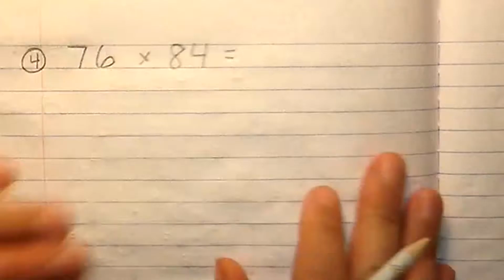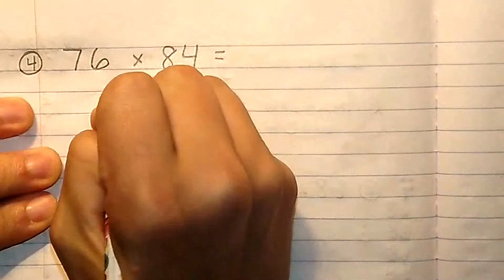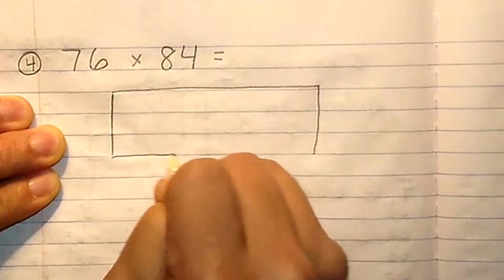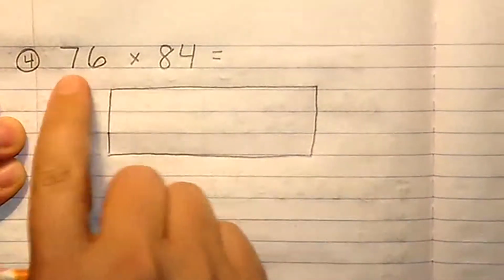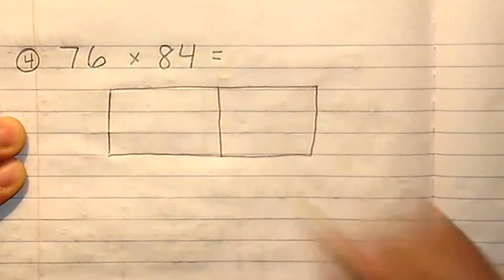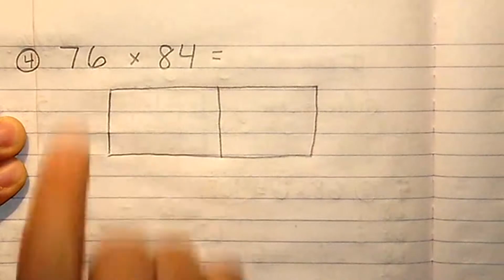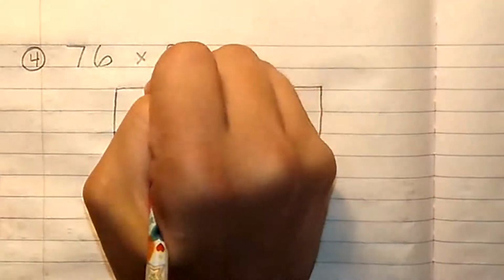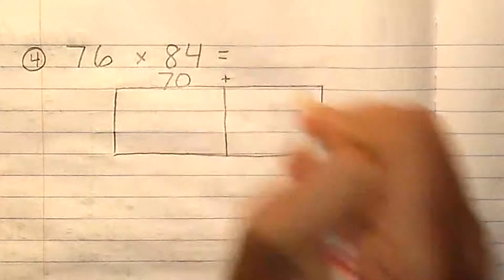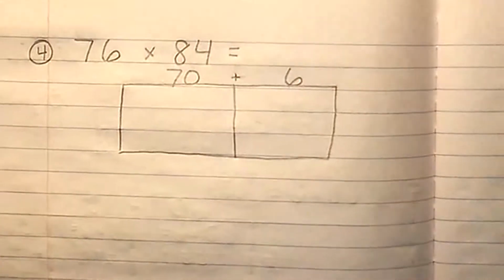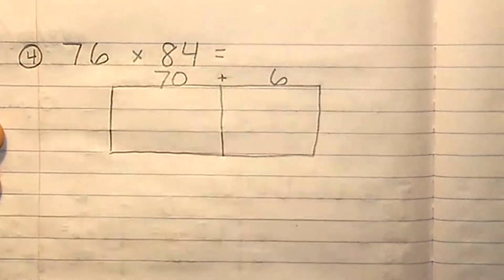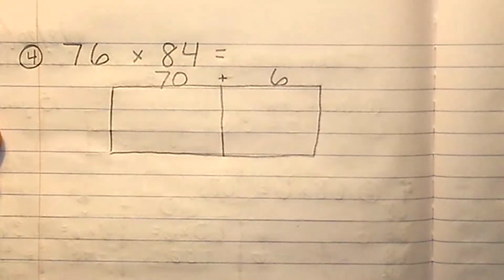I know I'm going to need to start with a rectangle. So I'm going to start with my normal rectangle. Because it's a 2-digit number, I'm going to need 2 boxes. And now I'm going to take 76 and stretch it apart, which would be 70 plus 6. Okay, well that wasn't so bad. Now I have to do 84. Well, 84 is a 2-digit number as well.